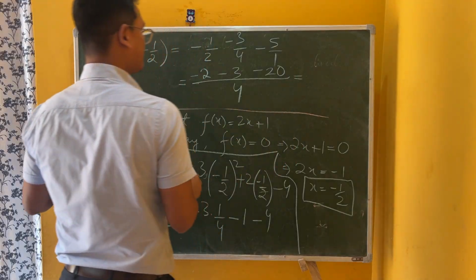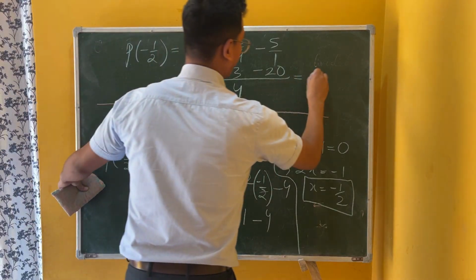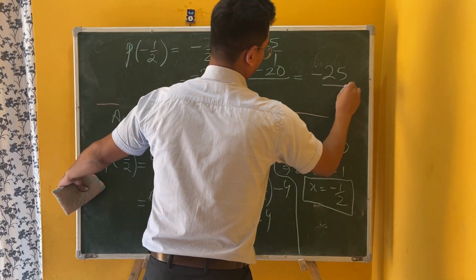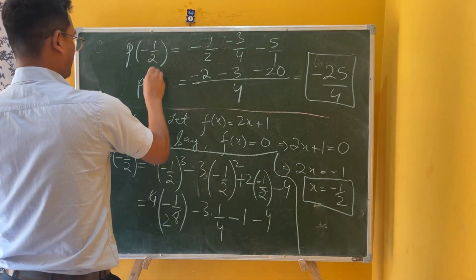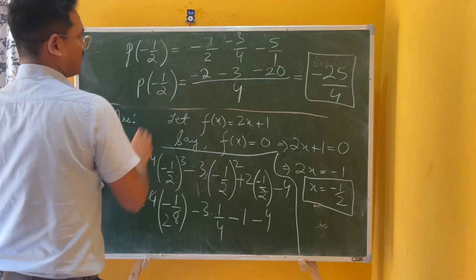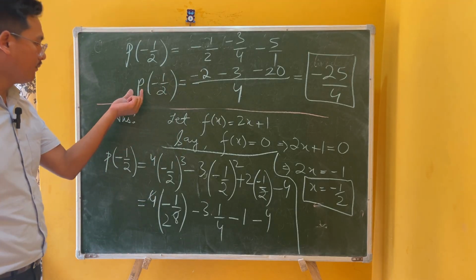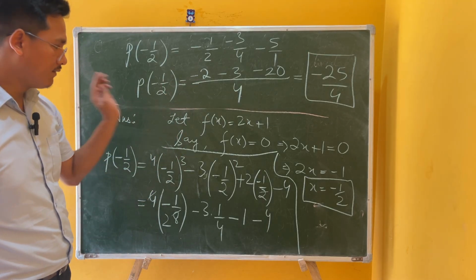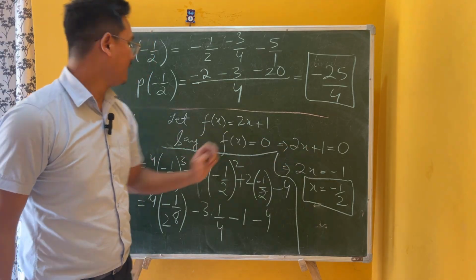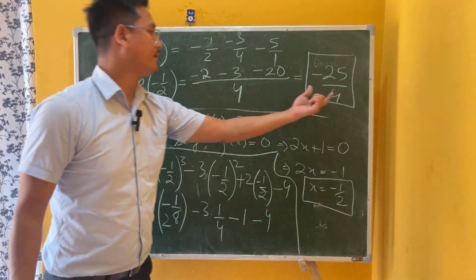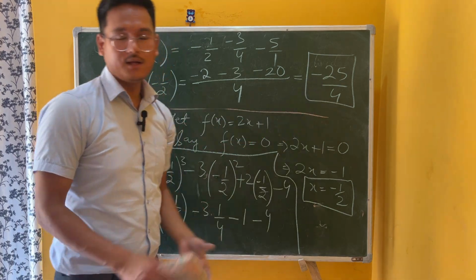So the answer is minus 25 upon 4. So this means when the given polynomial is divided by 2x plus 1, then the remainder is minus 25 by 4.